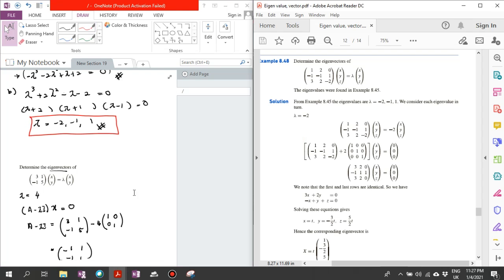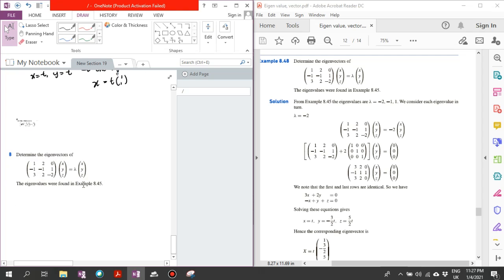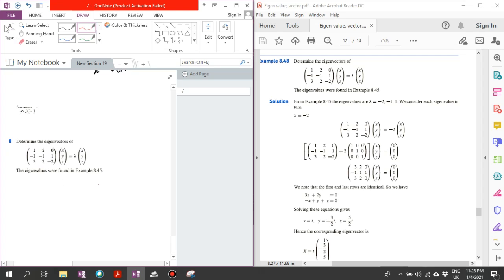So the continuation of this problem is to determine the eigenvector. We already know the eigenvalues from the previous part will be -2, -1 and 1.